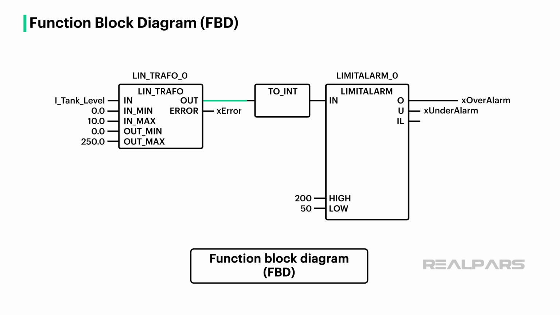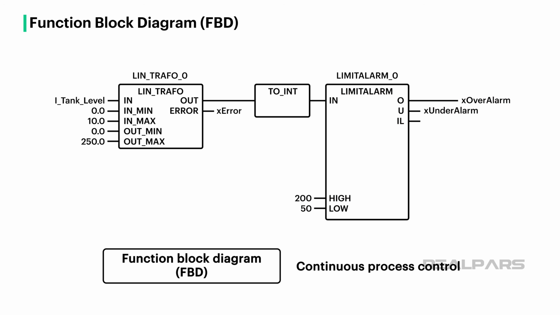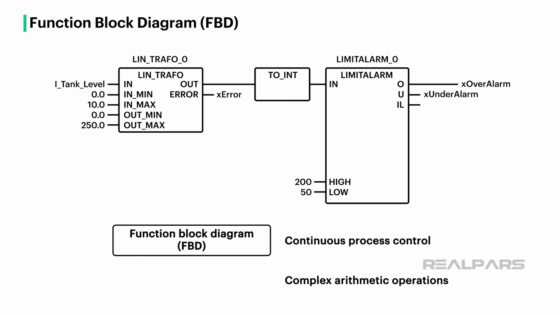The engineering value is fed into a function block that converts the data type of the scaled value to an integer data type. This value is then compared to predefined set points to set flags indicating the tank level. FBD is great for continuous process controls, but for complex arithmetic operations, like calculating the level of a tank, structured text is more suitable.